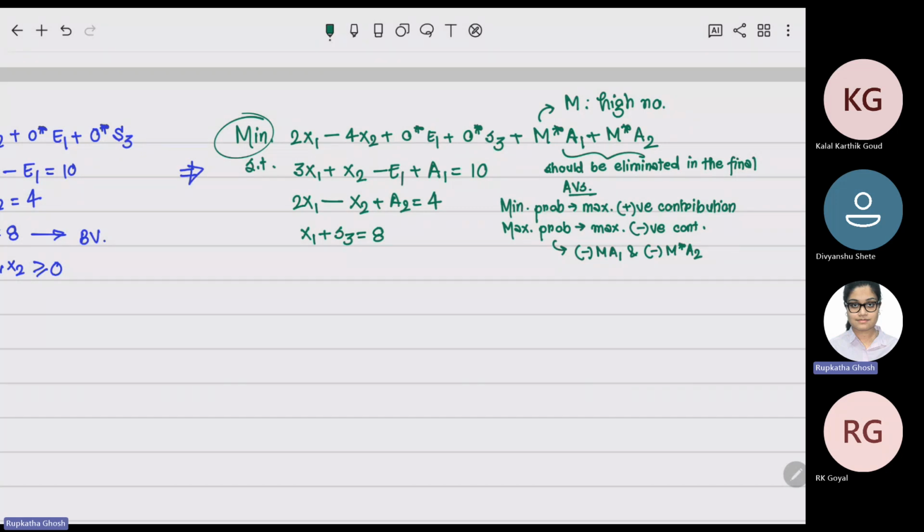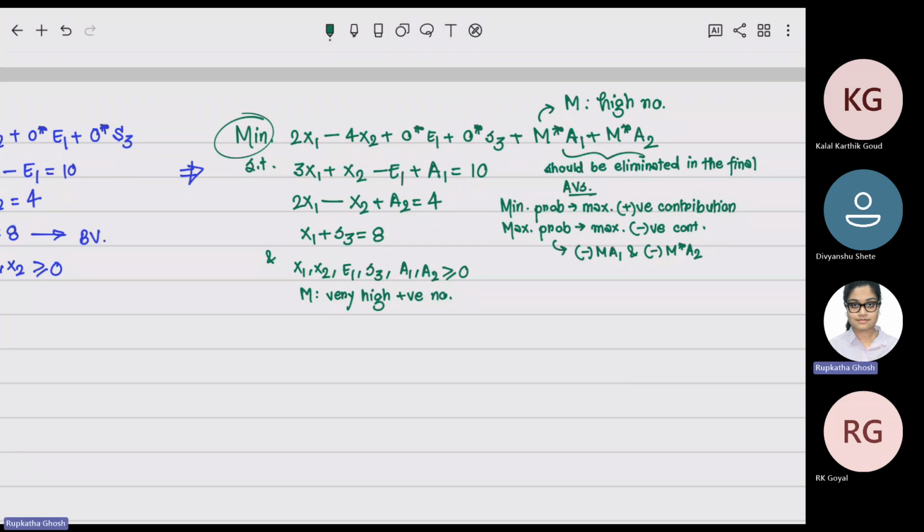And here, as for the existing problem, you will have x1, x2, E1, S3, A1 and A2 greater than or equal to 0, M a very high positive number. Okay. Anyone has any doubts? This is clear, right?